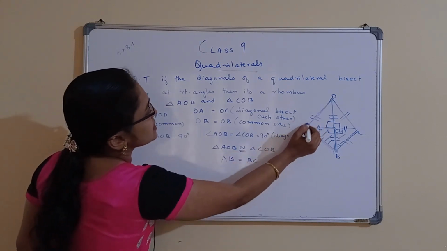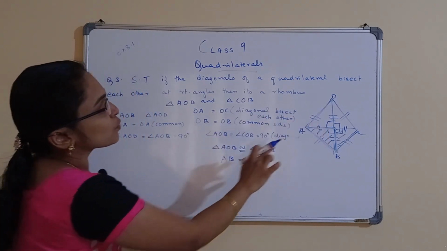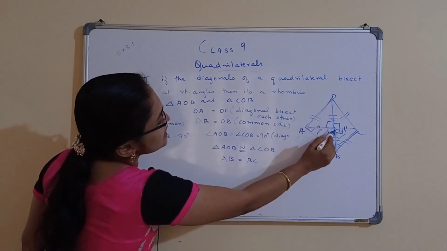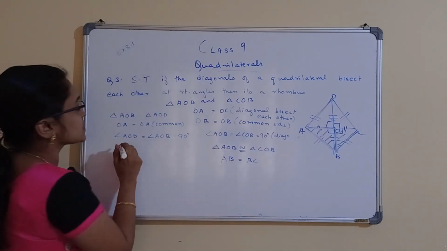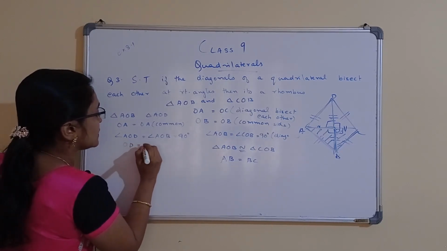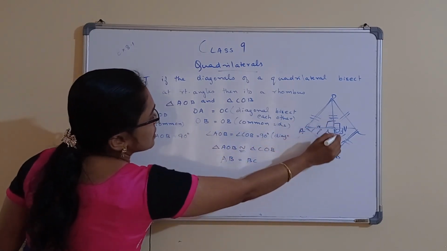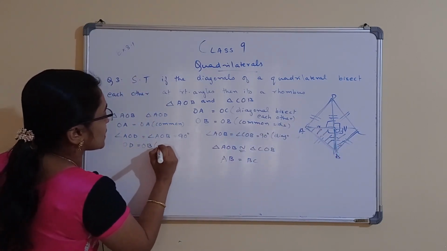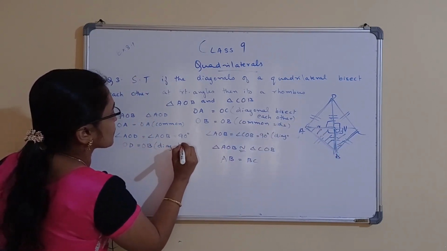So we have got one side and one angle. Now, OD is equal to OB because the diagonals bisect each other.